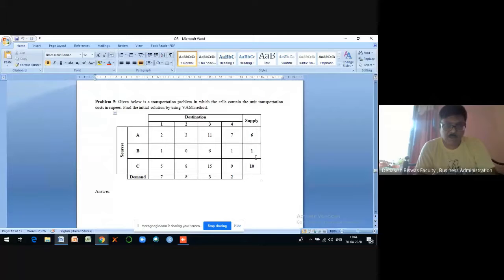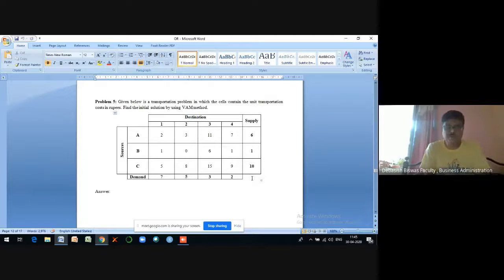The total supply must be equal to the total demand. Here the total supply is 6 plus 1, 7, plus 10, 17. And in the demand row, 7 plus 5, 12, plus 3, 15, plus 2, 17. So row wise it is 17, and column wise also it is 17.